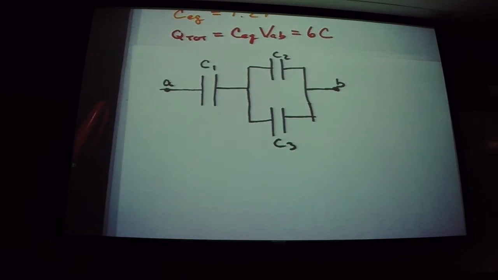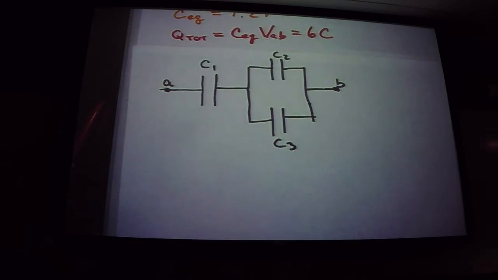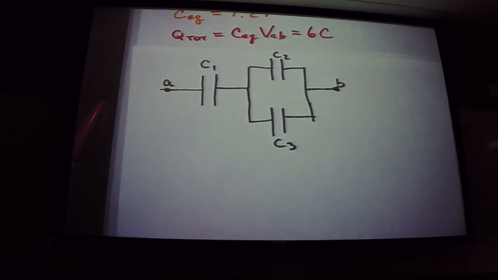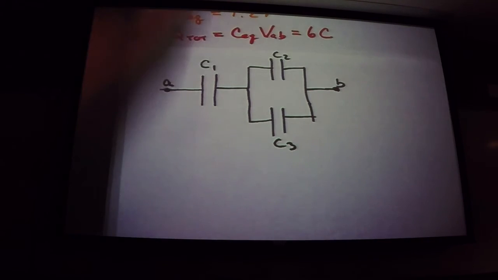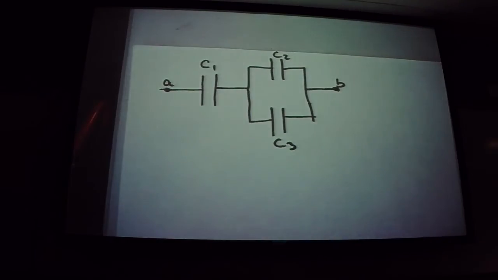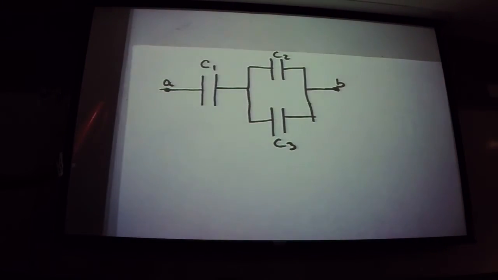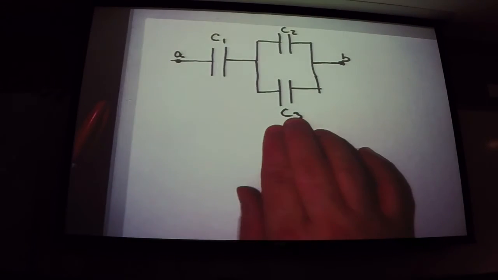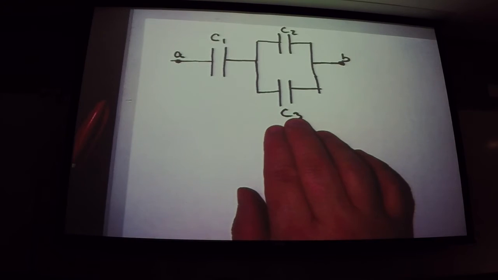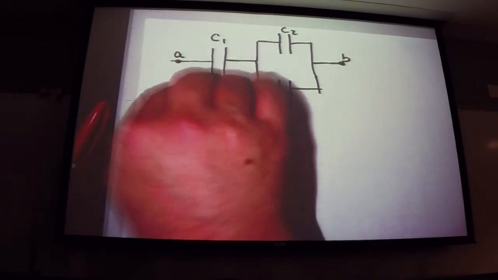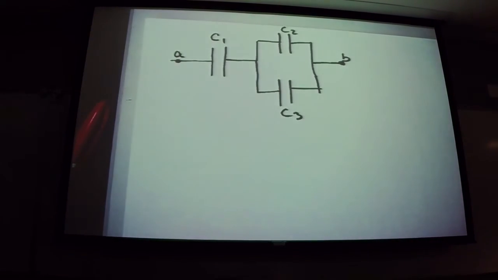All right. So, how would you do something like this? When you're working with a combination, what you do is start with the smallest combination and work your way out. In other words, I'm going to replace this with its equivalent capacitance, then take this one. So let's give some numbers here.